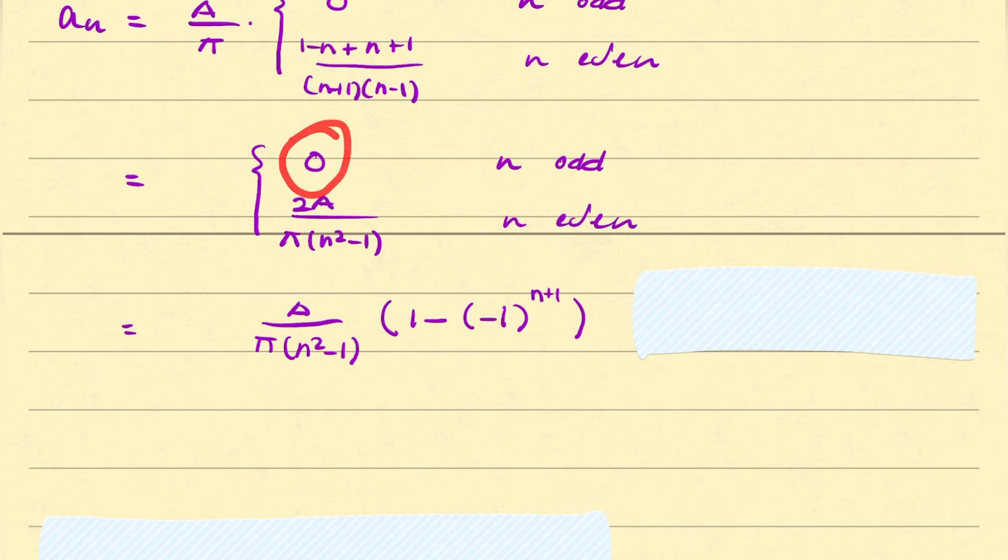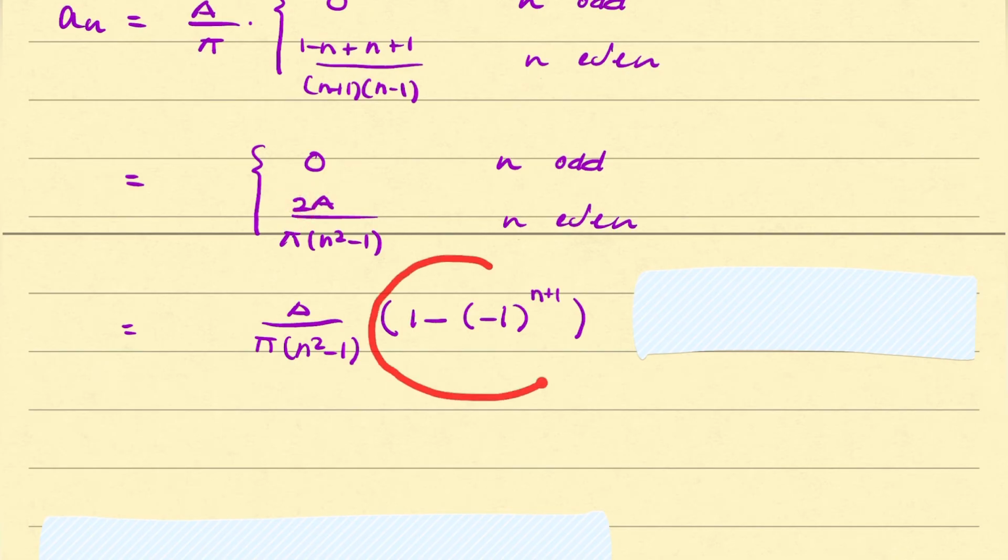So that'll ensure you get a 0. And whenever n is even, like 2 plus 1 is 3, minus 1 to the power 3 will be minus 1. So 1 minus minus 1 is 2. So you end up with a 2, and that's what we want there.